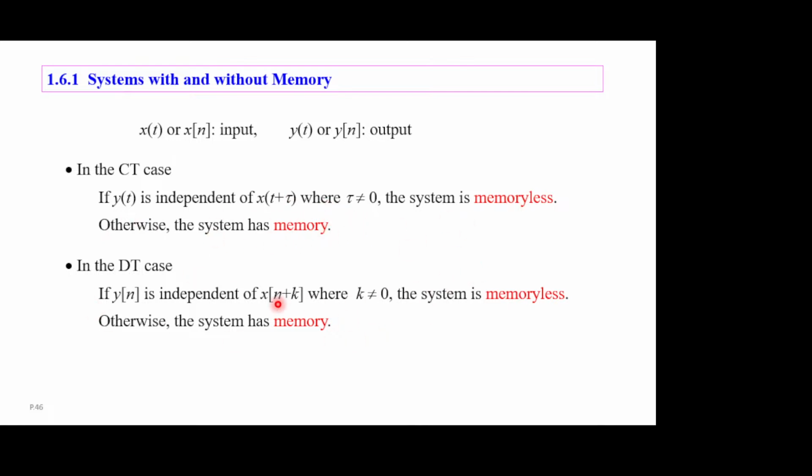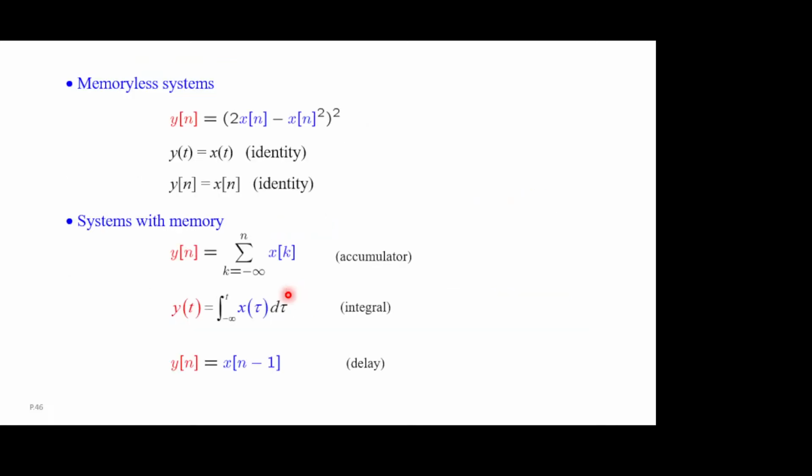And similarly in the discrete time case, time goes from t to n. Okay. Any questions with the definition? Well, let's go to this. Okay, so here's an example. We can have a very complicated system: y of n equals 2x of n minus x of n squared, then another square.